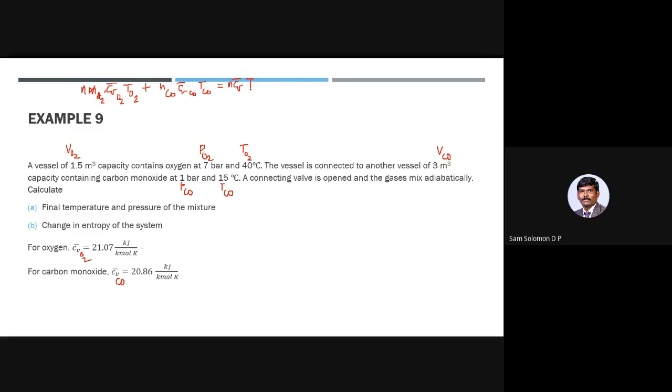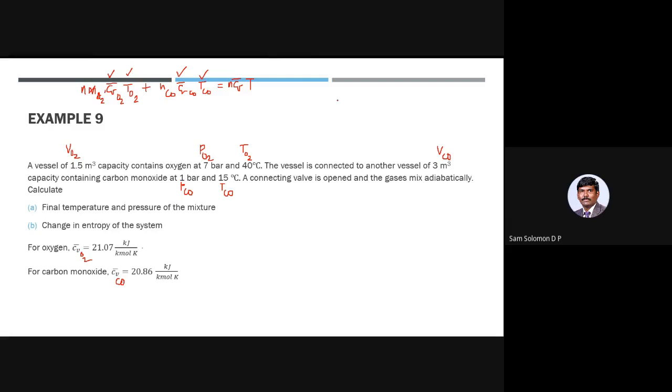In all this, what is known to us is the CV bar of oxygen, the temperature of oxygen, CV bar of carbon monoxide, and the temperature of carbon monoxide. That is all that is known to us in this particular equation. What we require is the number of moles of oxygen and the number of moles of carbon monoxide.